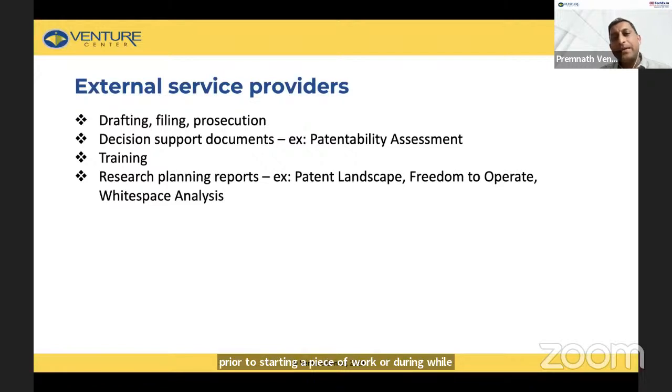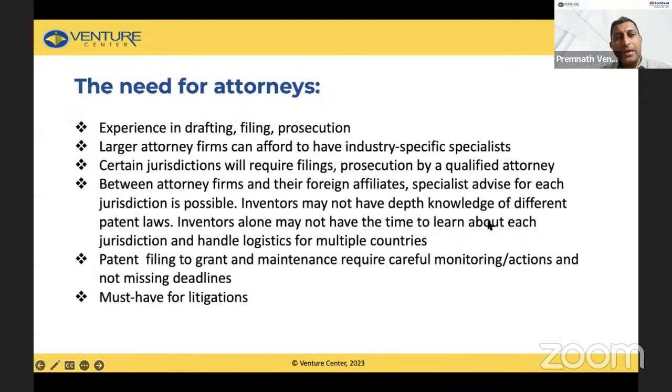For example, the patent landscape or the freedom to operate or white space analysis to find gaps in the technology landscape where they can operate and where they will not step on somebody else's patents. So these are some things which you can leverage external service providers for. You may need some or not, depending upon your own organization as well. And there are many available, and you can choose from them as per your need.